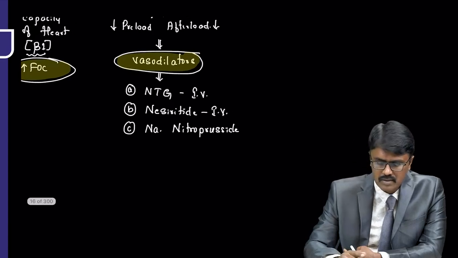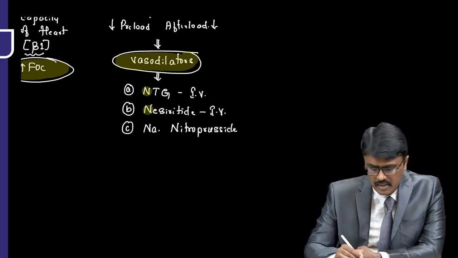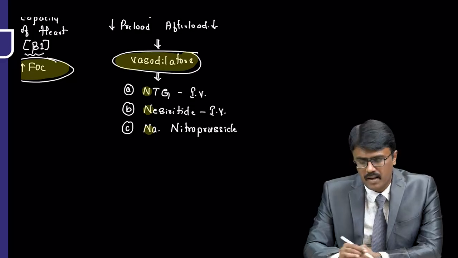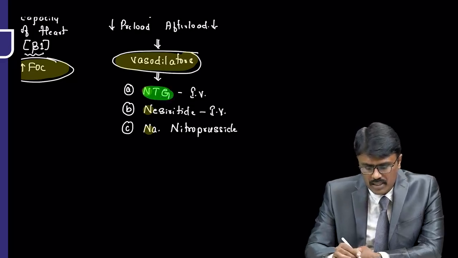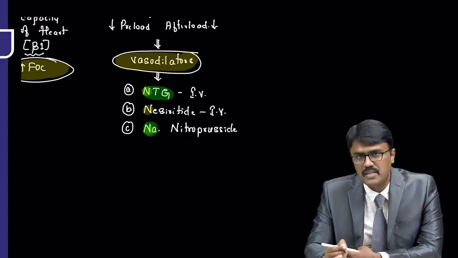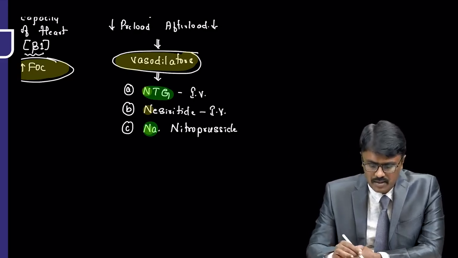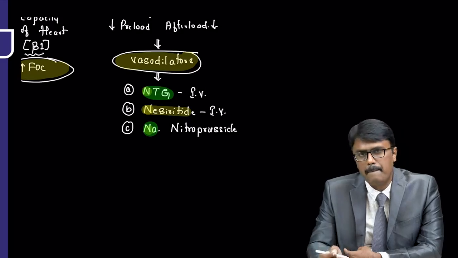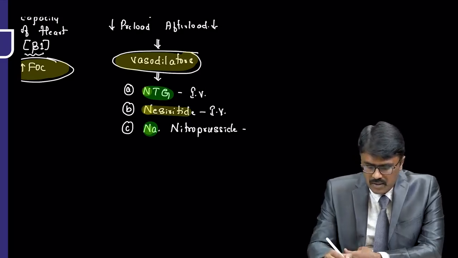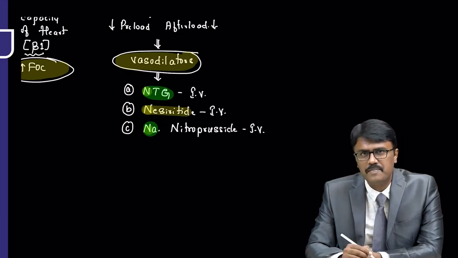So remember as 3 N's: nitroglycerin, nesiritide, sodium nitroprusside. Now nitroglycerin we have extensively discussed in the anti-anginal video. Sodium nitroprusside I will be discussing in antihypertensives. In this topic I will be discussing nesiritide in detail. Sodium nitroprusside is also given IV because it's an emergency and it's given IV only.